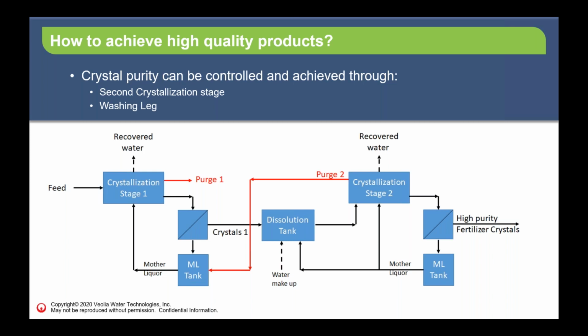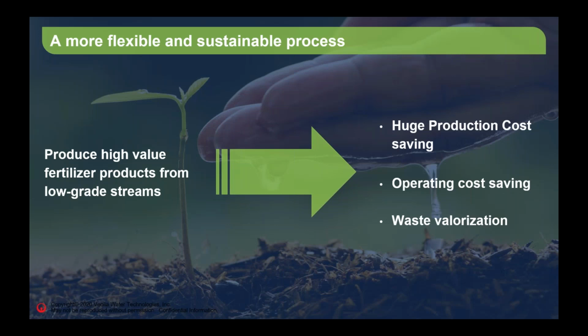The washing legs also allow us to displace the impurities and to reach high purity fertilizer crystals. There are so many ways to increase the purity of crystals, and this is all done by the crystallization process.